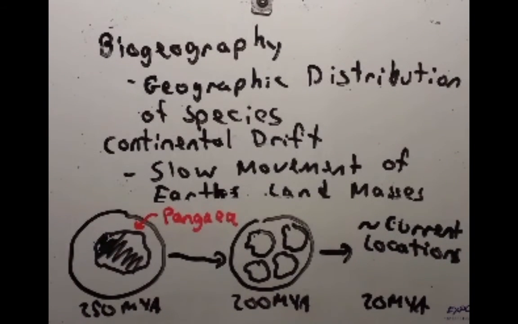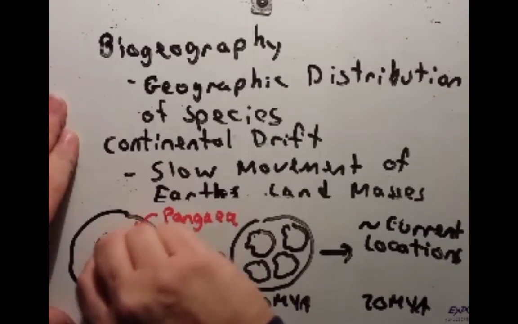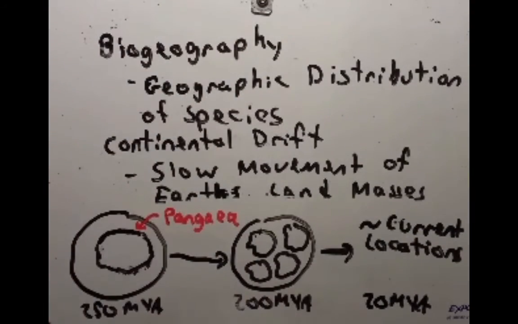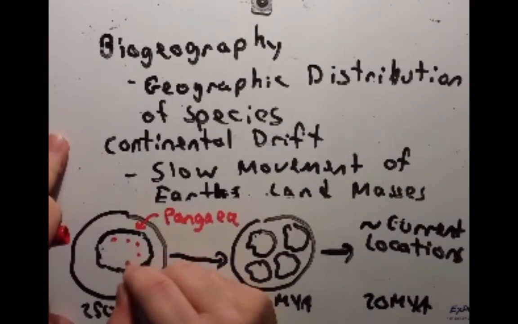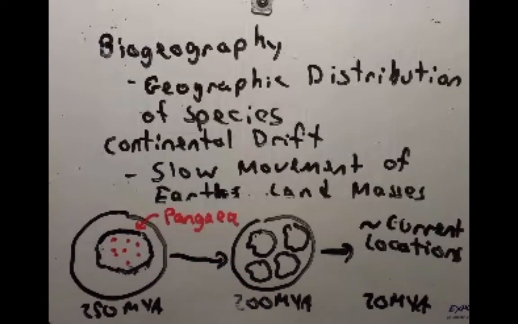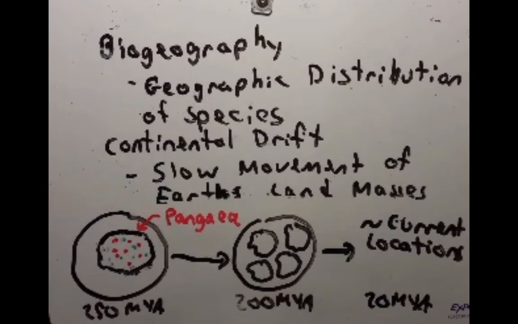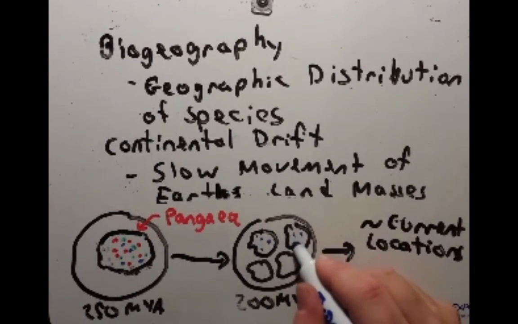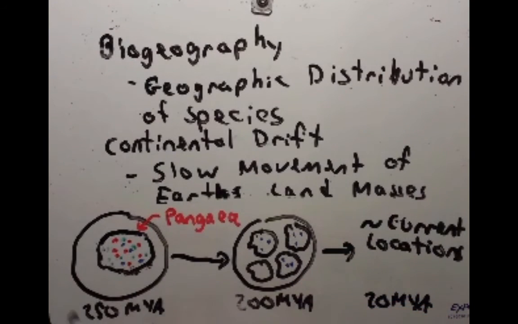We can use this information to understand a little bit more about how organisms evolve. I'm going to erase this colored in area here. We still have Pangea here. So if you had an array of organisms spread throughout Pangea, so to speak, and when it broke up, you would have some of these organisms, maybe some in all of them, maybe not all of them.